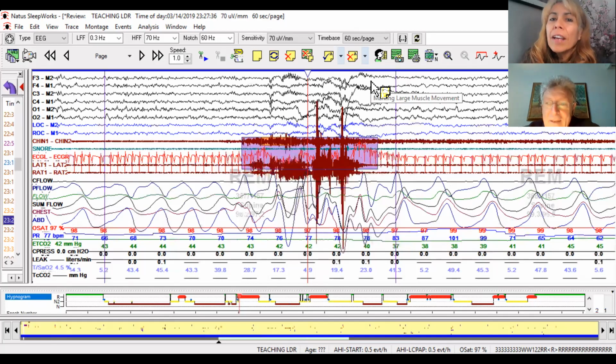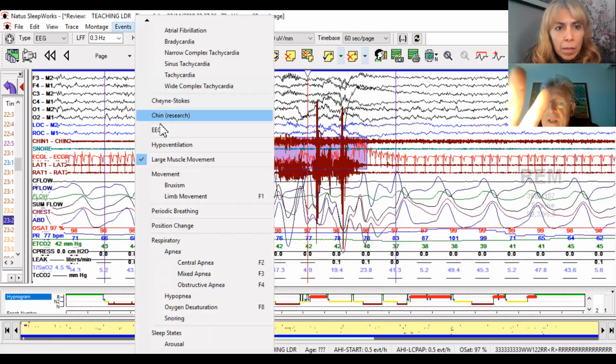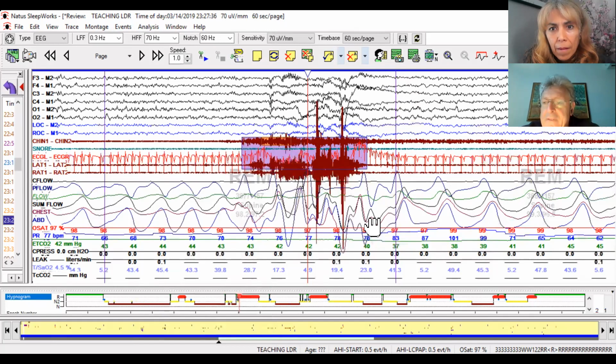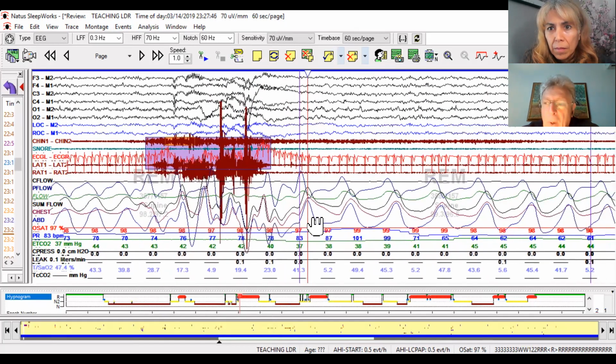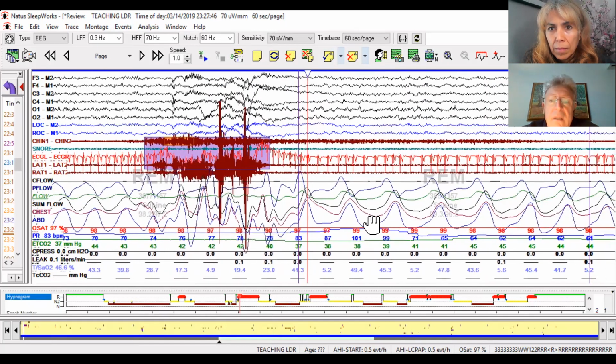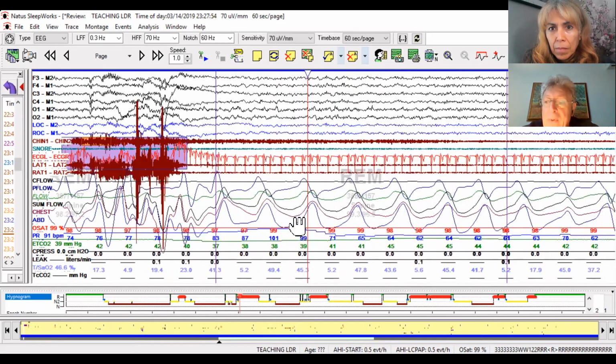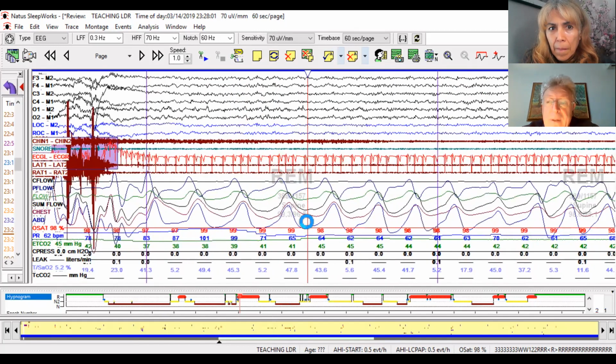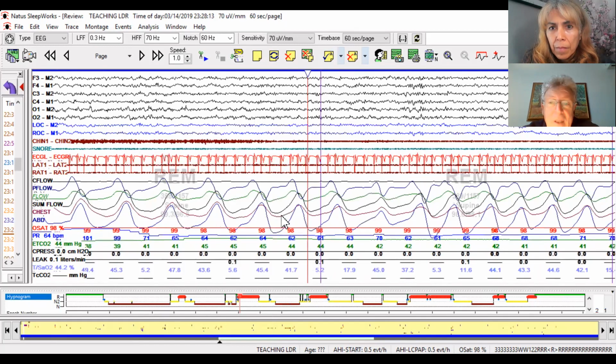Oh, okay, the chin. Oh, I see what you're saying. The chin does remain high. It does not return to the baseline. Oh, I see. That is REM sleep without atonia. Okay. I would score the movement in this way because, in fact, after that, I doubt it is the double of the beginning. But you see, before it gets really down to the pre-movement level, it is much, much longer.